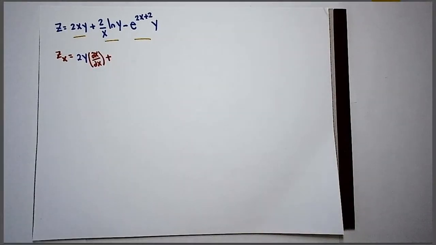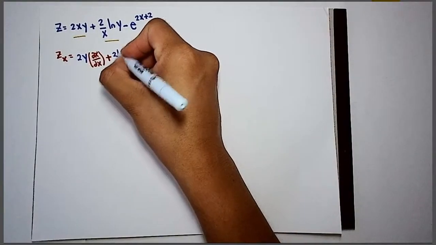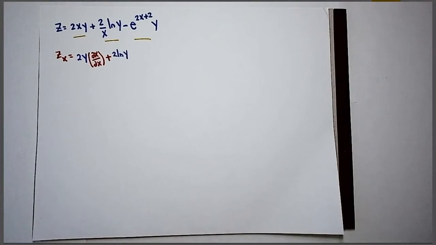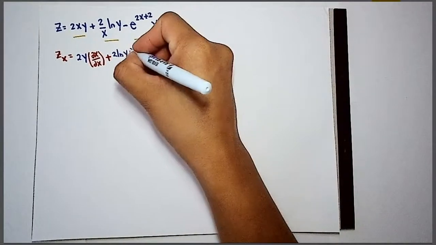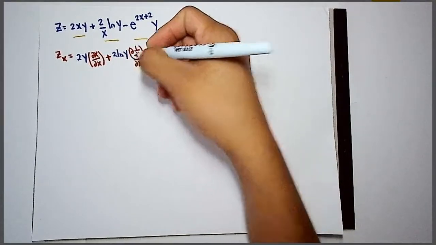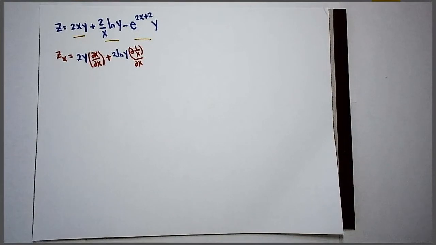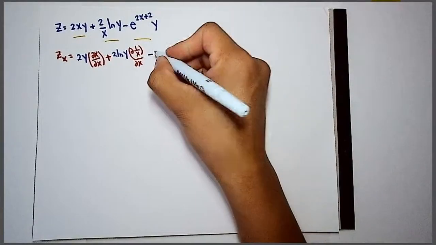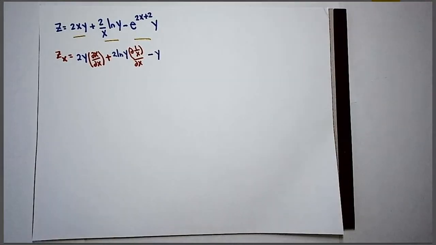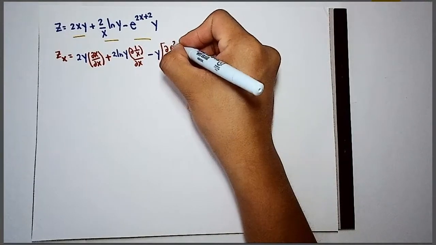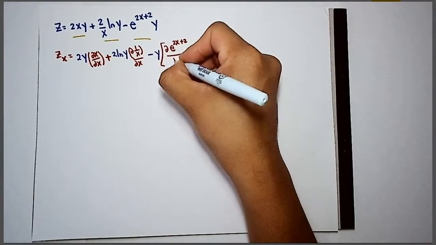For the second term, the constant part will be 2 log of y, and we are taking the derivative of 1 over x with respect to x. Minus, notice that in the last part, y is a constant. So we are taking the derivative of e to the 2x plus 2 with respect to x.